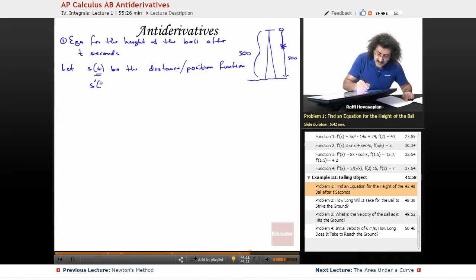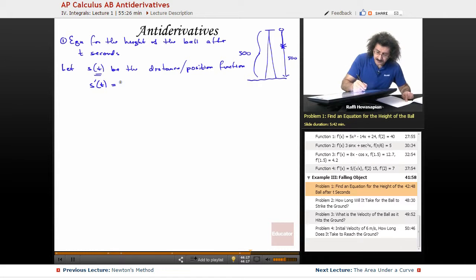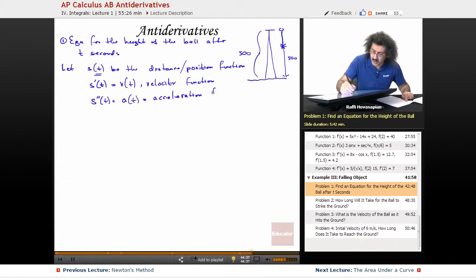Well, s prime of t, I know that the derivative of the position function is my velocity function. And if I take the derivative again, in other words, s double prime of t, that's my acceleration function.